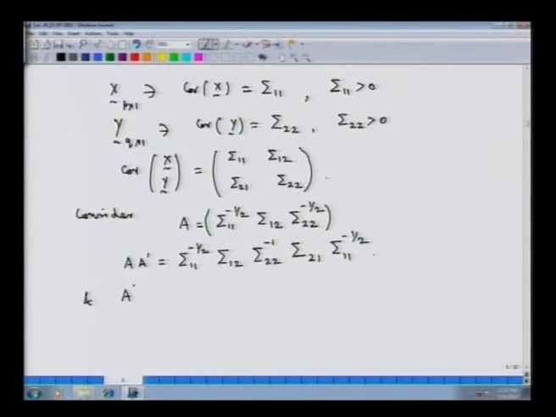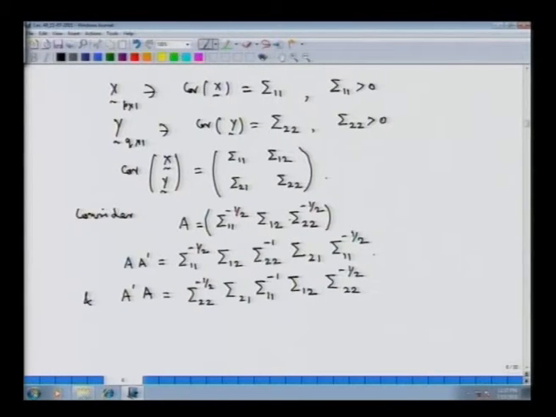And A prime A is going to be sigma 2 2 to the power minus half, sigma 2 1, sigma 1 1 to the power minus 1, sigma 1 2 times sigma 2 2 to the power minus half. So, these are the two matrices, A A prime and A prime A, where A is defined by this matrix.